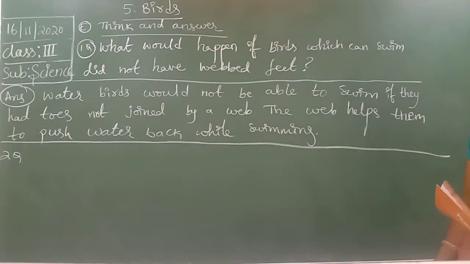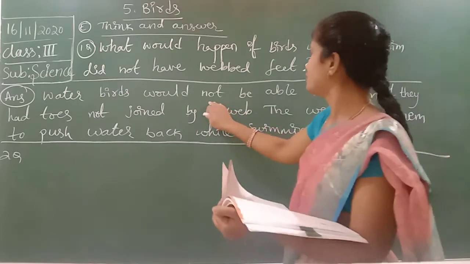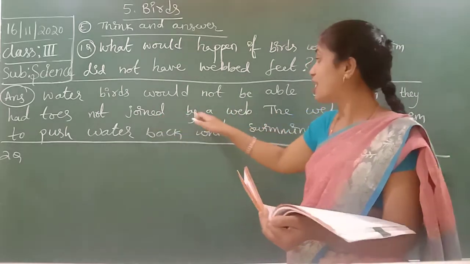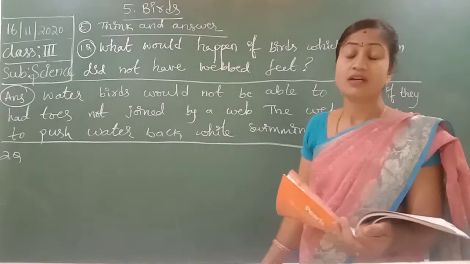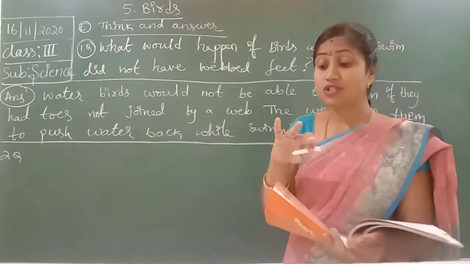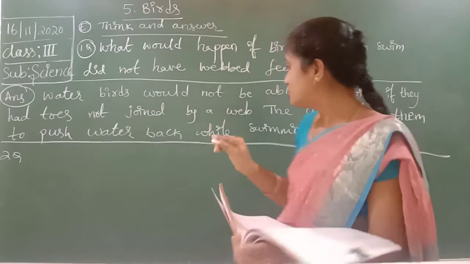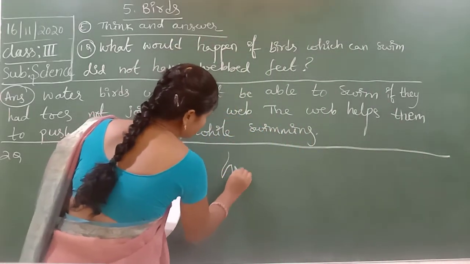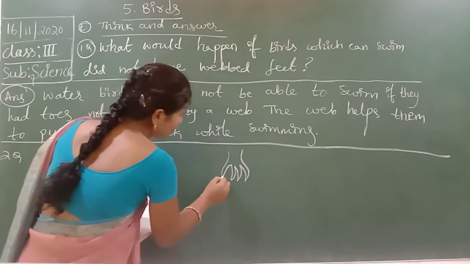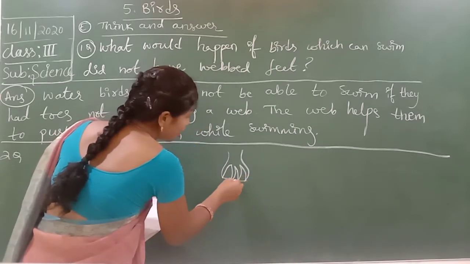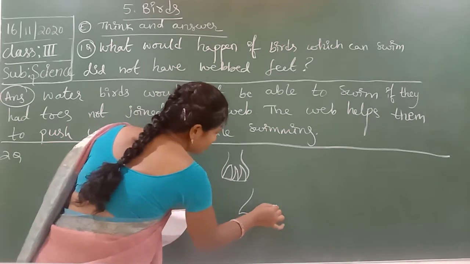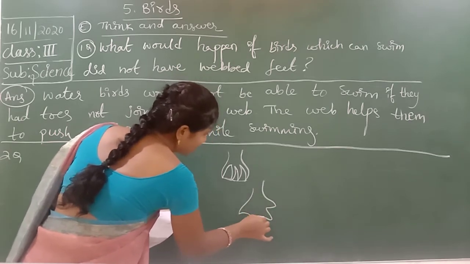So once listen children, water birds would not be able to swim if they had toes not joined by a web. Here the toes are joined by a web, like that only the ducks have.